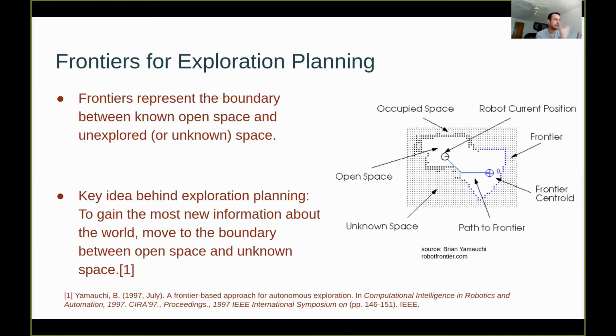One key idea behind exploration planning, which Yamauchi mentioned, was that you gain the most new information about the world by moving to the boundary between open space and unknown space. It's a very simple idea, and it works decently well, say maybe 60-70% of the time.